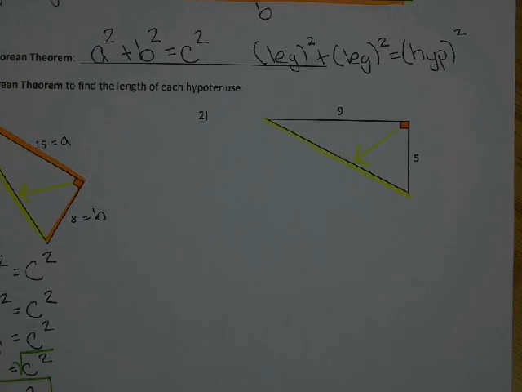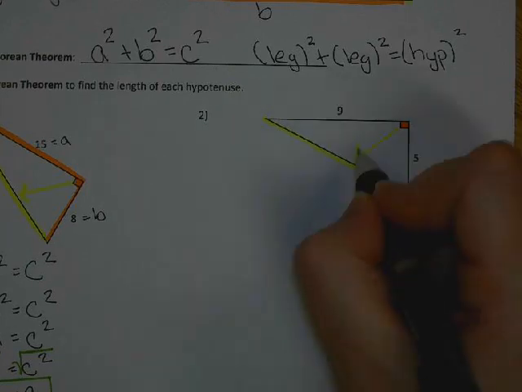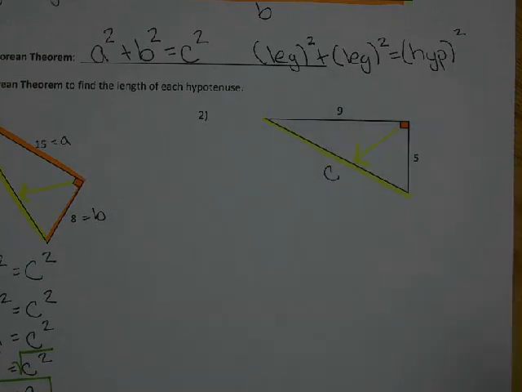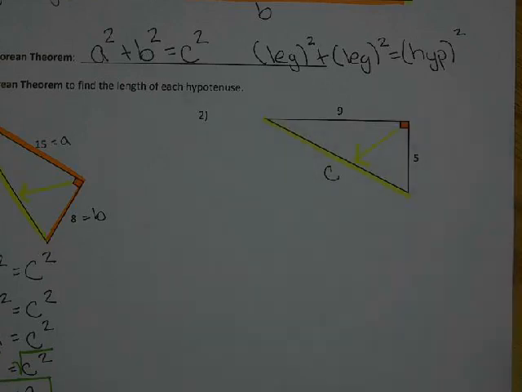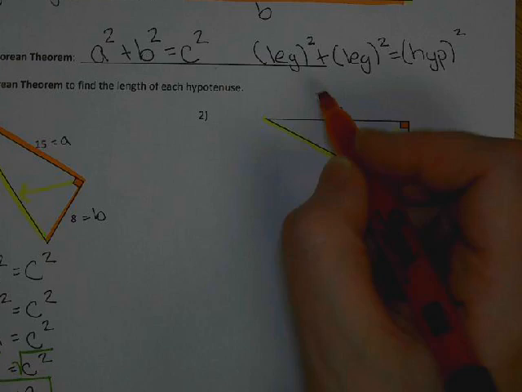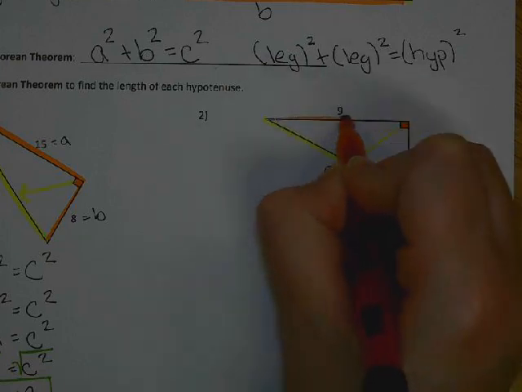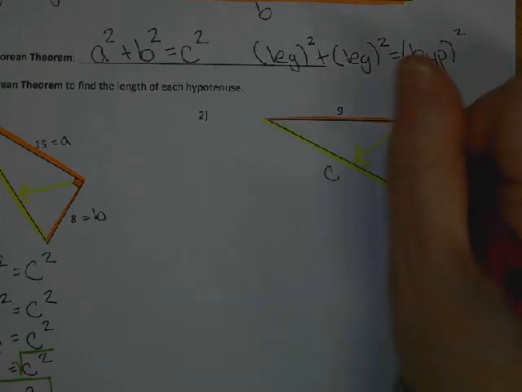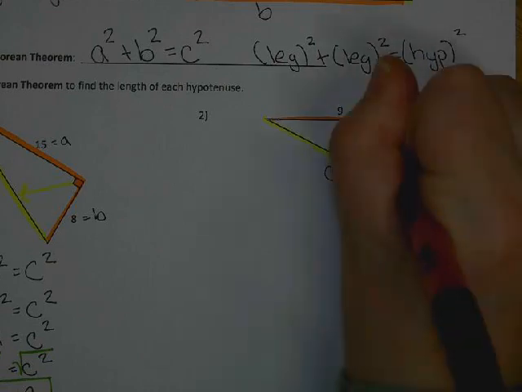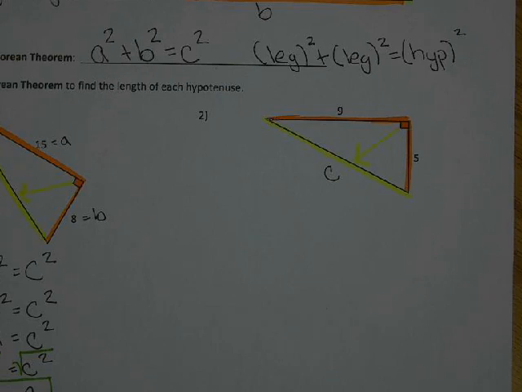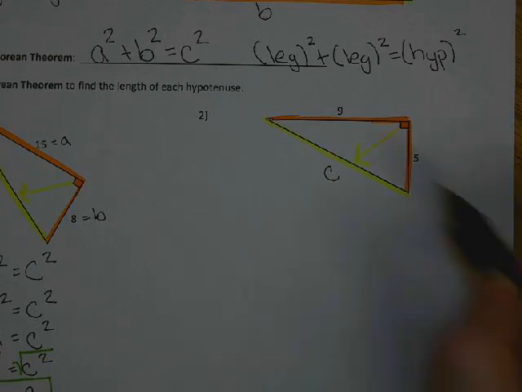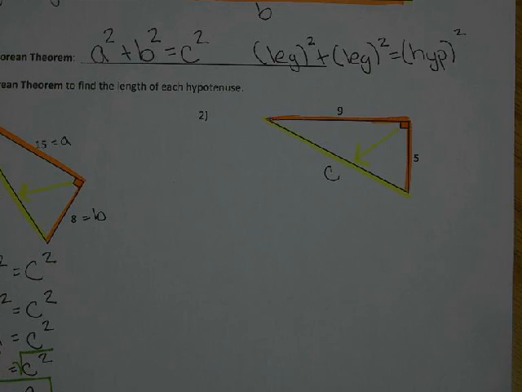And what letter do we use for our hypotenuse? C. And what are these two sides called? The legs. Okay. Which one is A and which one is B? Is 9 A or B?